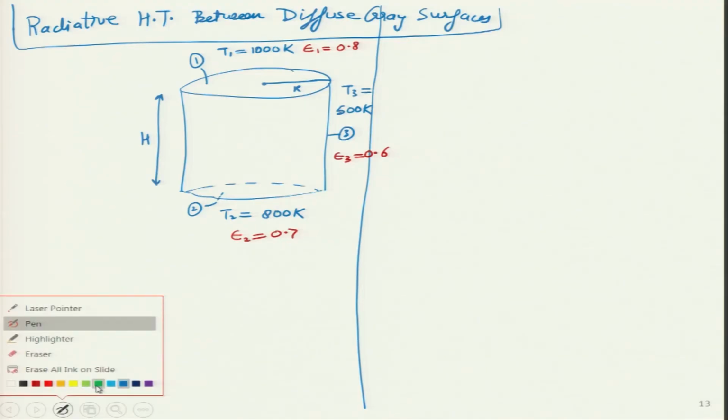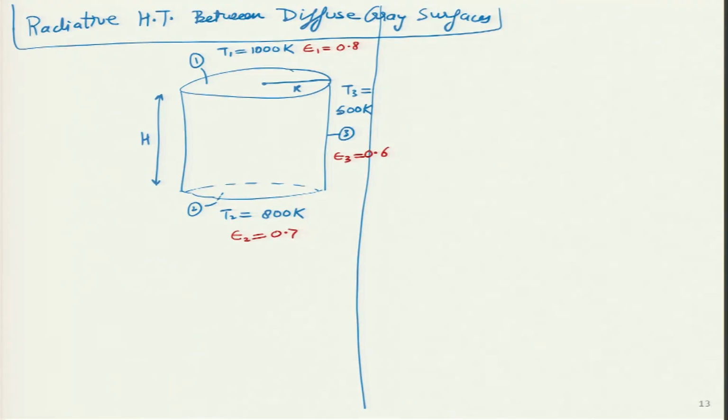Now, let us see how the relationship between surface 1 and surface 2 will take place. Let us say certain amount of emissions take place from surface 1. If surface 2 were a black body, then all of it would be absorbed. So, all this green radiation would be absorbed by surface 2, but now some part of it will be absorbed, other part will be reflected.